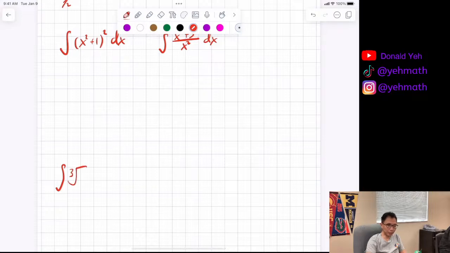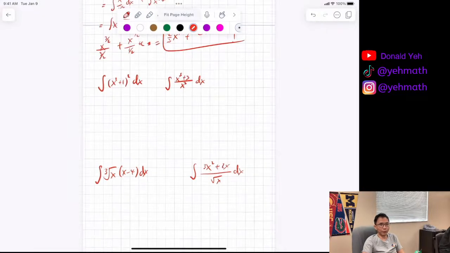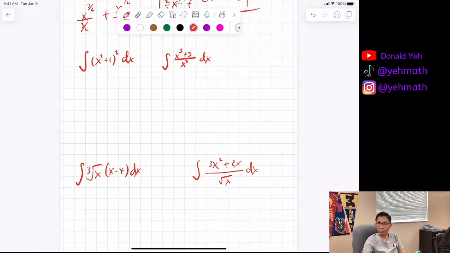Will be cube root of x times x minus 4. Last one is going to be 3x squared plus 2x over square root of x dx. So we've got 4 questions. You guys are going to check each other's work.